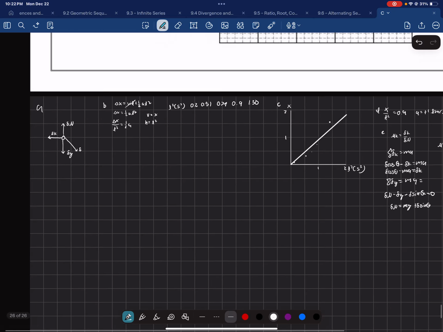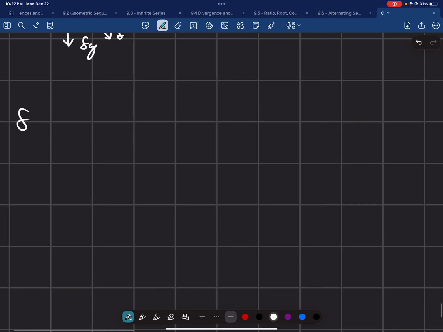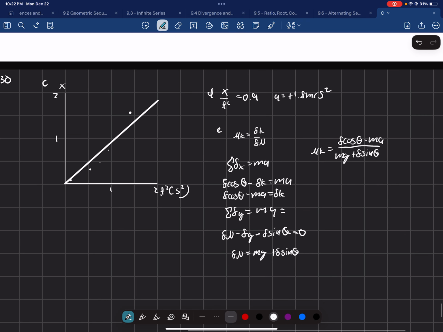Part F just gives us values, so we plug them in to solve for F_k. We already solved for what F_k is over here, so we just plug in values.